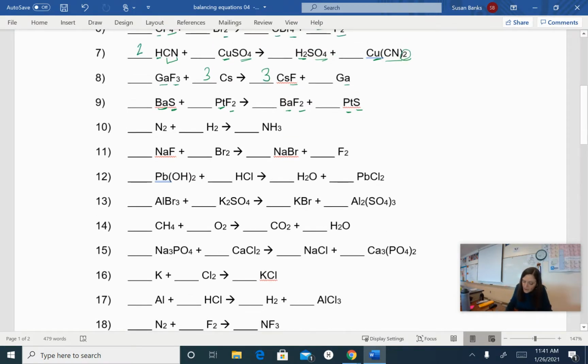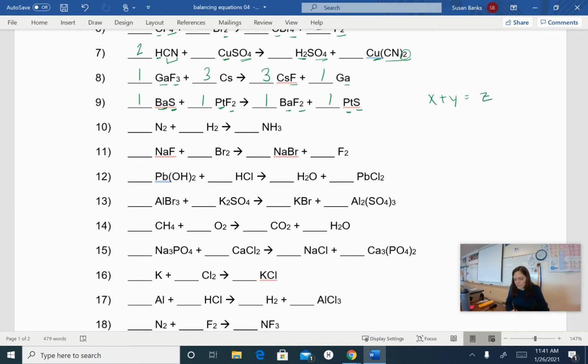Now remember, when I have these blanks here, a coefficient of 1 is kind of assumed, right? Just like if you do an equation, right? That really means 1x plus 1y equals 1z, right? So even if I don't have a coefficient of 1, a coefficient of 1 is always assumed.